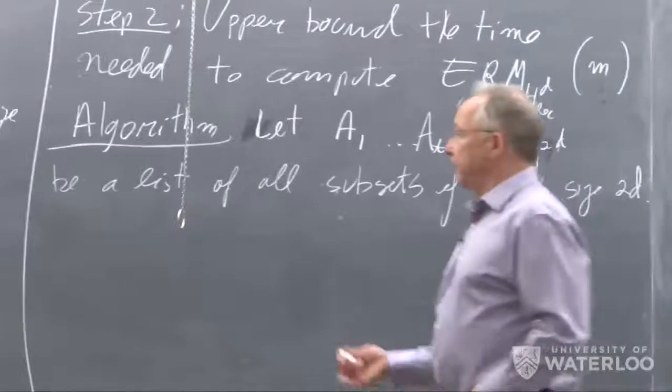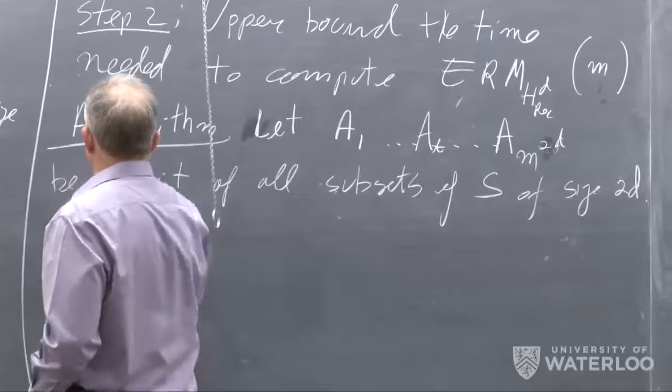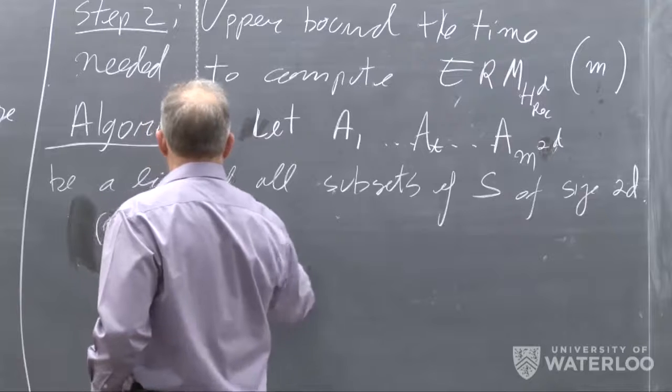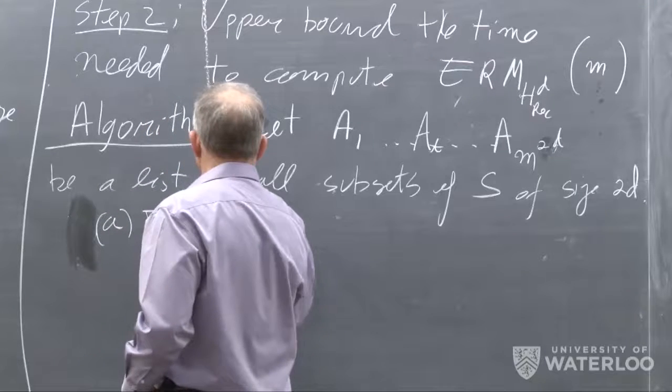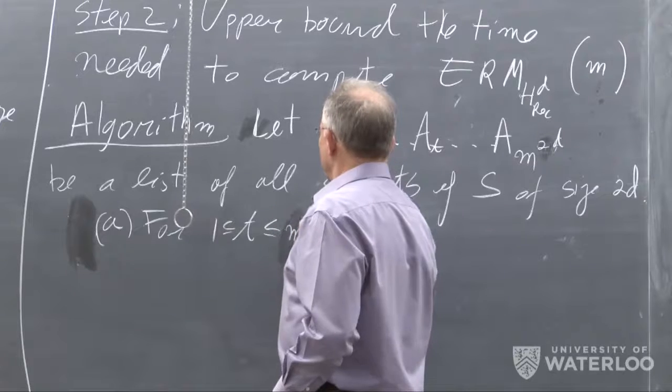And now I describe the algorithm. So the algorithm has a step for t between 1 and M to the 2D.